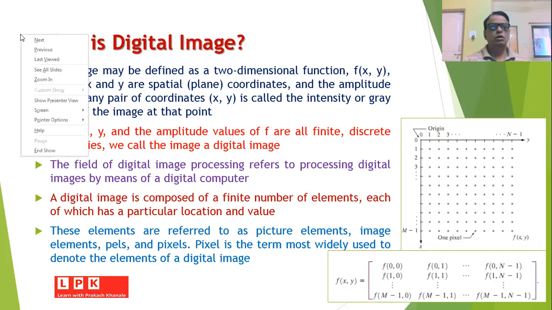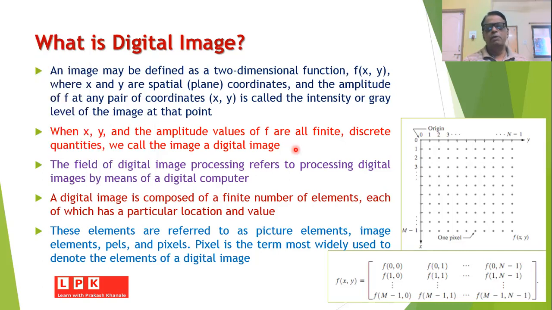As shown in this window, you will find that the image basically consists of small dots, and these dots are called pixels. The function f of x comma y will return the intensity value of each pixel.